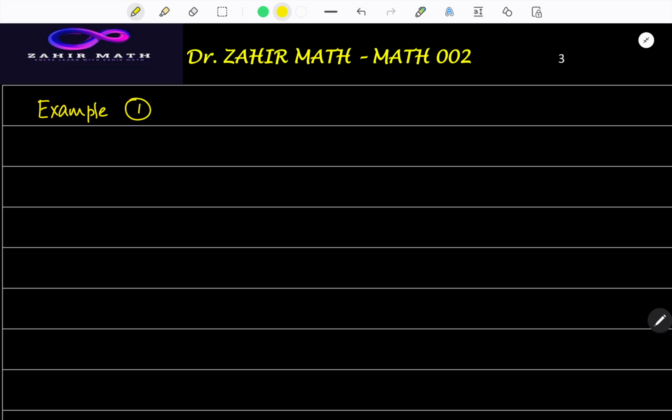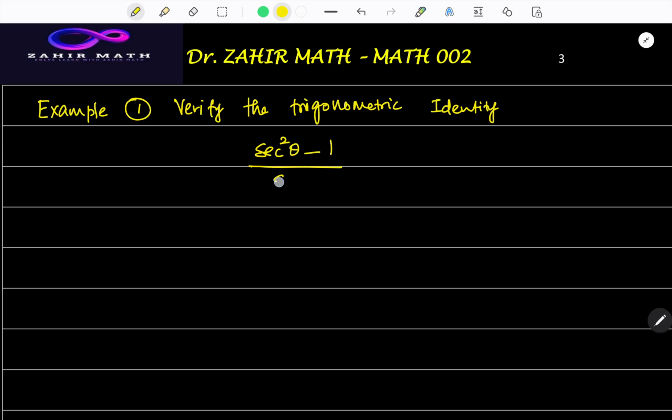Example 1. The question is verify the trigonometric identity. All the questions are verify, okay? Verify the trigonometric identity: secant square theta minus 1 divided by secant square theta is equal to sine square theta. Look at both sides.